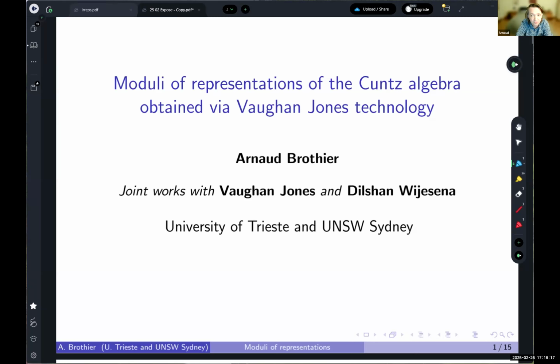This work is really about constructing in an explicit and efficient way representations originally for the Richard Thompson's groups. And actually we figured out that it was maybe even more natural to do it for the Cuntz algebra. And we'll see that I'll develop a powerful tool for classifying them. So that will be really what I want to do today.